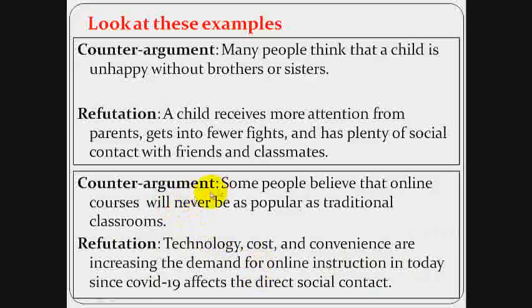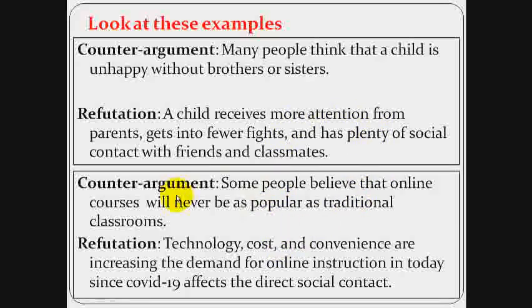So, this information in the counter argument and in the refutation are opposing one another. The counter argument and the refutation, both of them will be in the body paragraphs. They are very interesting to do in an opinion essay. Keep that in mind and do not forget, inshallah.